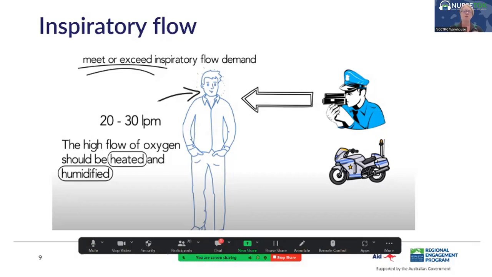All right, so try and remember that number. So 20 to 30 is normal inspiratory flow. We fit and healthy people, like all of us, have an inspiratory flow of 20 to 30 litres per minute of air. Okay.